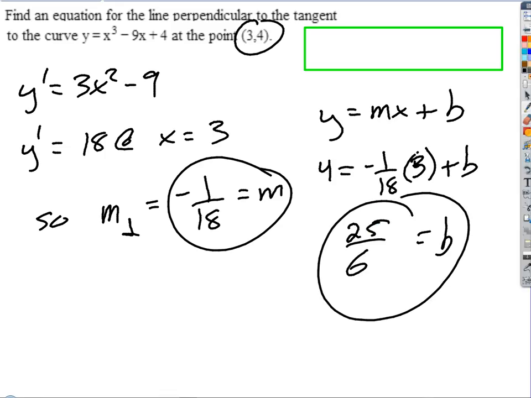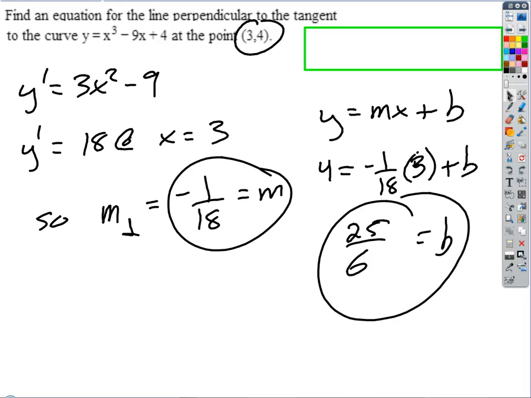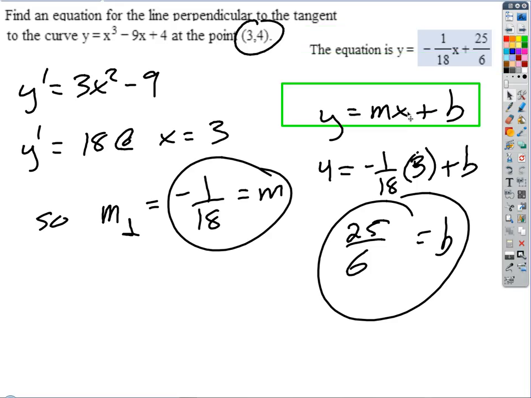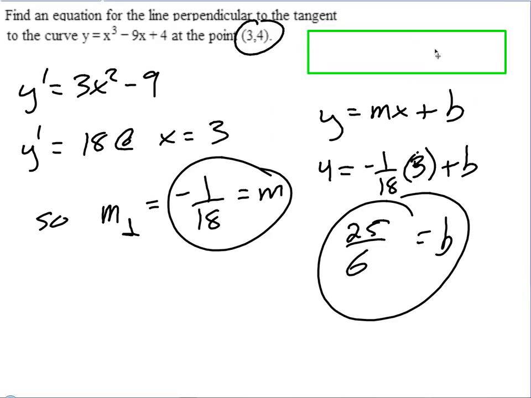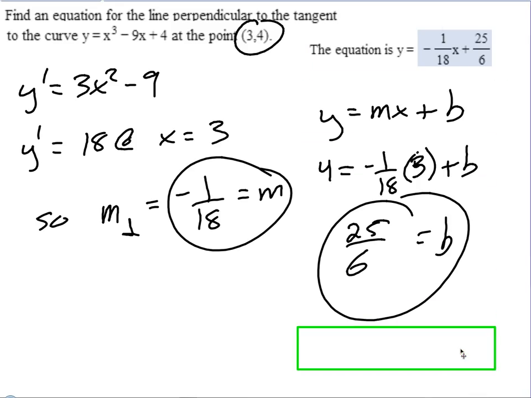That's our answer. I don't remember, I cut off what the instructions were, how we're supposed to write it. But, oh, we want the whole line though, don't we? So there's B. So then if we plug all that stuff back in, doesn't that make sense? M is negative 1/18, and there's our B, 25/6. Okay.